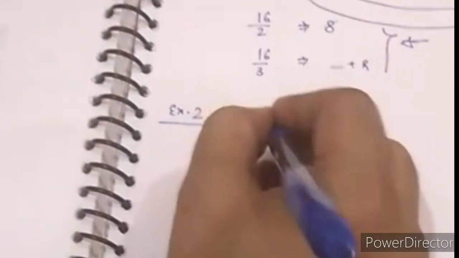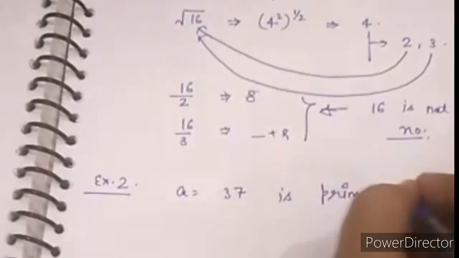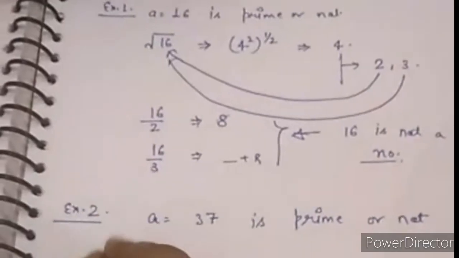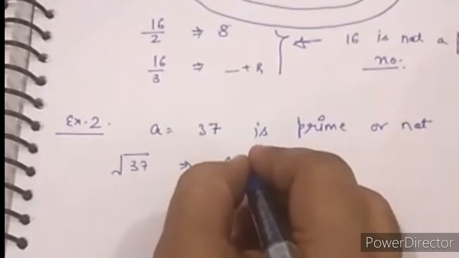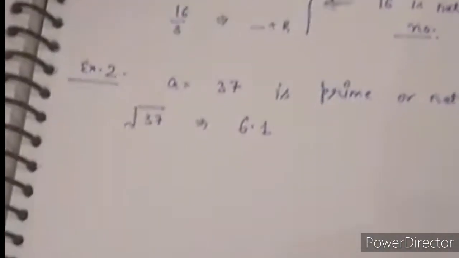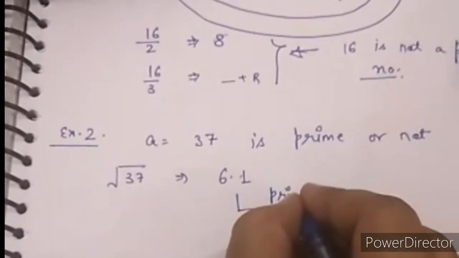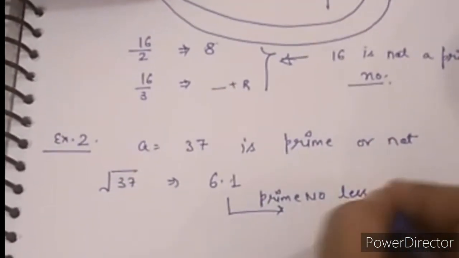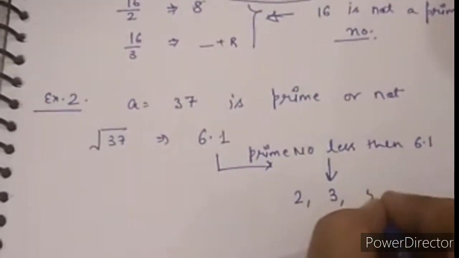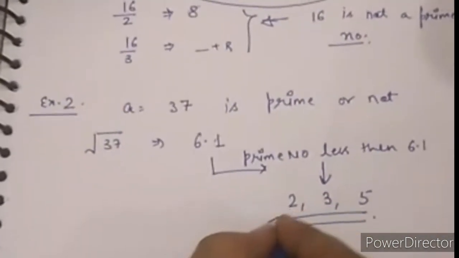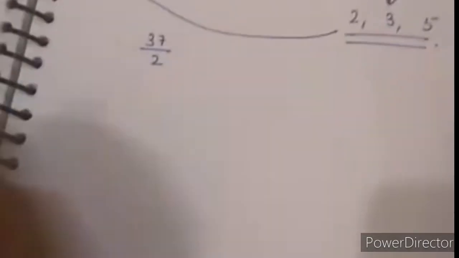Now take another example. Suppose we need to find whether the number 37 is prime or not. What will we do? Simply take the square root of 37. It will be around 6.1, since the square of 6 is 36. So what are the prime numbers which are less than 6.1? These are 2, 3 and 5. Now divide 37 by each of these numbers.